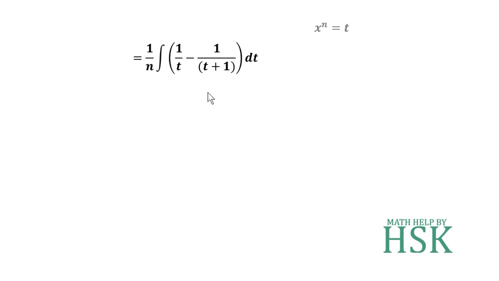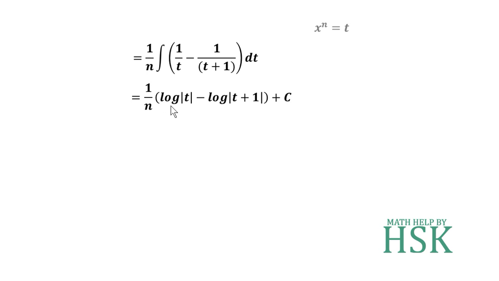Now integration of 1 upon t can be written as log t by applying the formula of integration of 1 upon x, which is equal to log x, and similarly this can be written as log of t plus 1. So I'm going to get this as 1 upon n times log of t minus log of t plus 1 plus c.